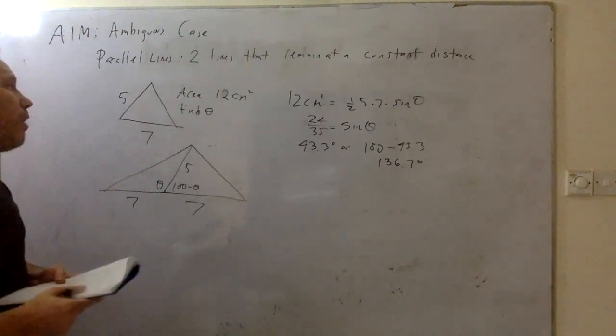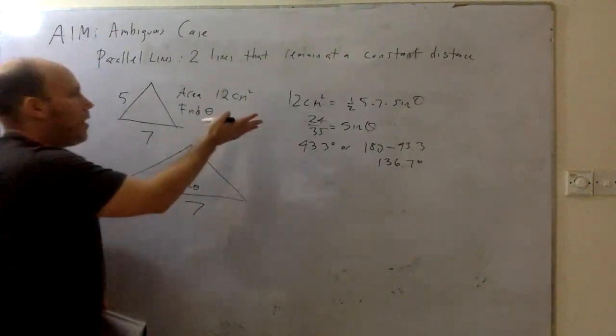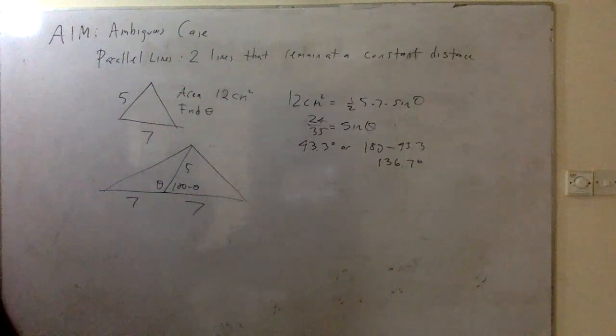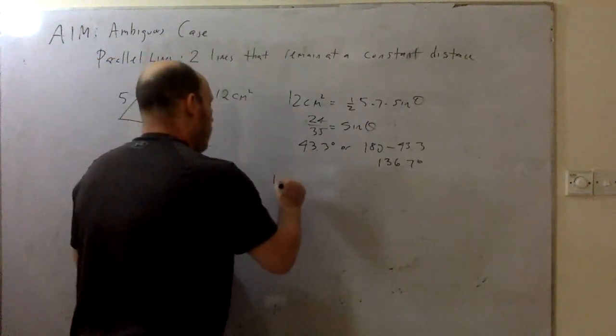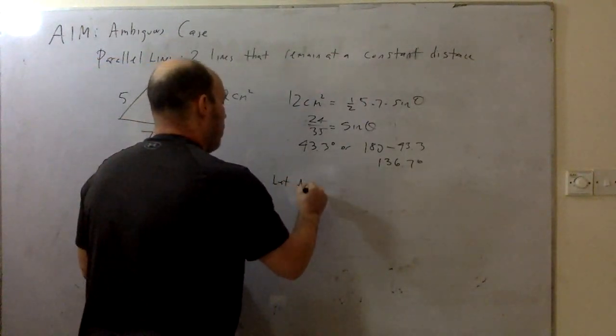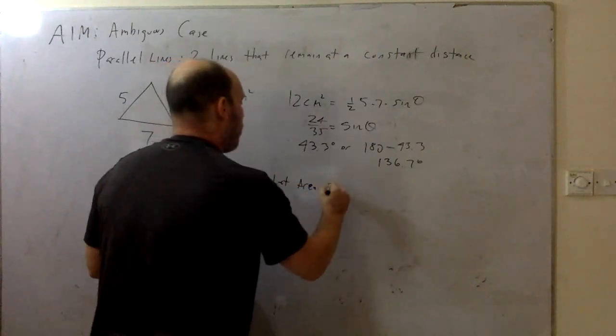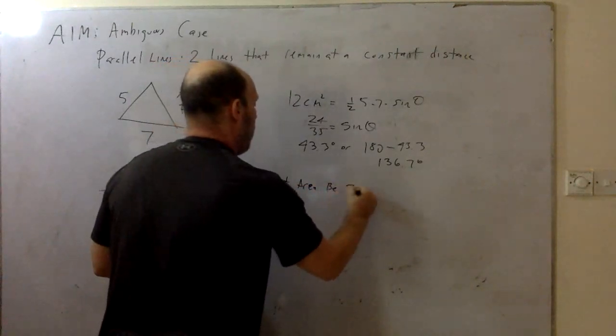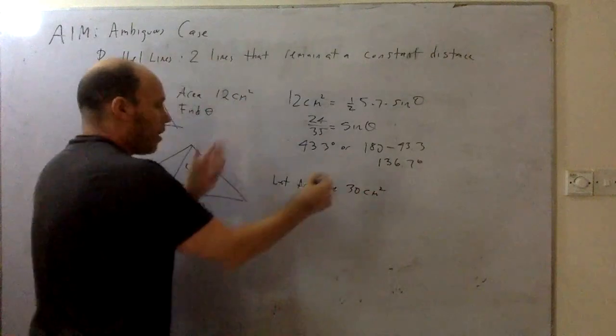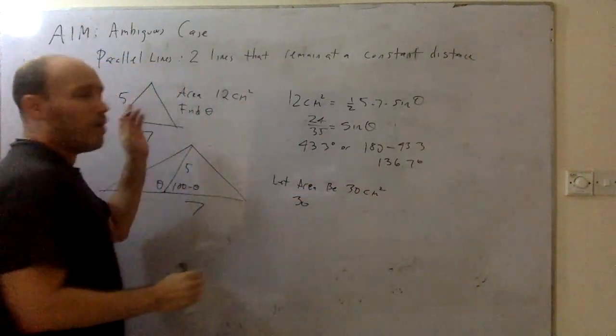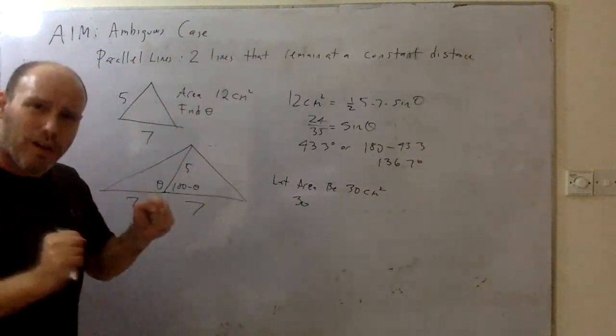When would it not work? Let's change the area. So let's let the area be 30 centimeters squared. You set up the equation. You say, okay, it's an ambiguous problem. I'm good.